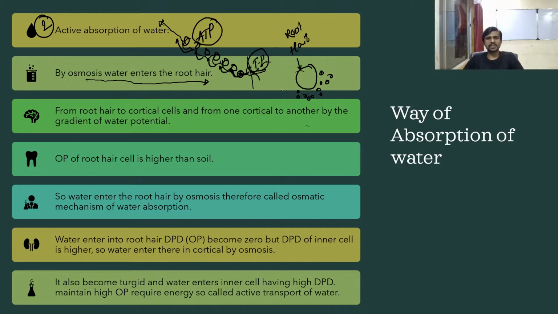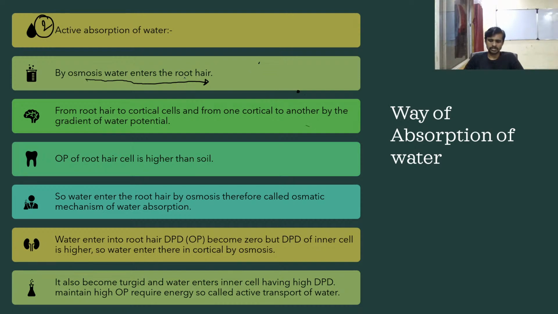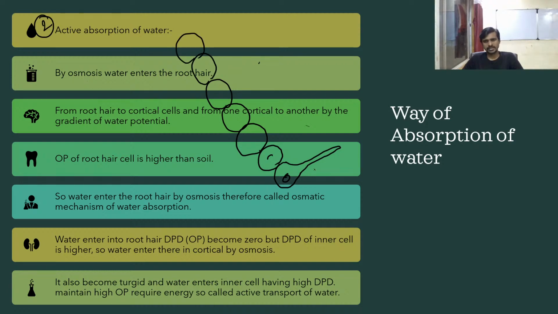Okay, now I'm going to draw a new diagram here. Let's see what happens inside the plant body. So this is a root cell. The first cell we call a root hair cell, and here are the different types of cells behind the root hair. The first cell which is going to absorb the water is this root hair cell.